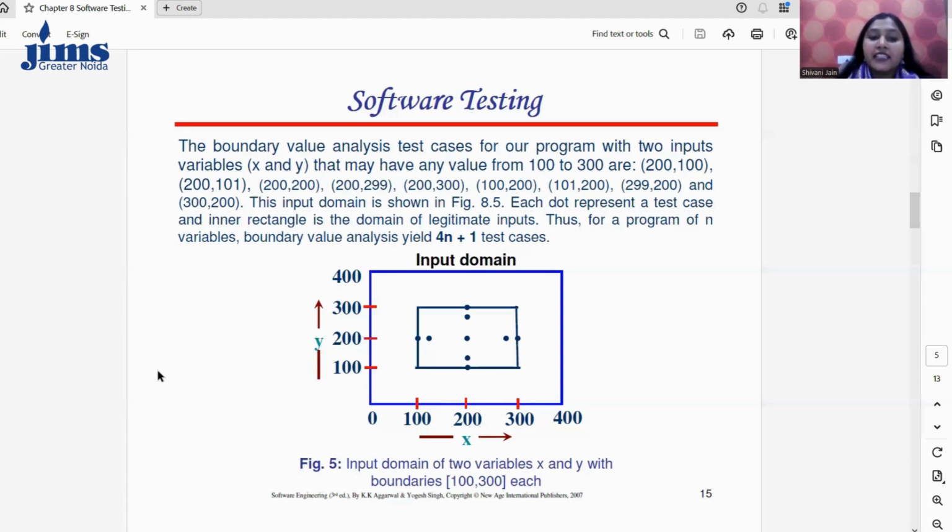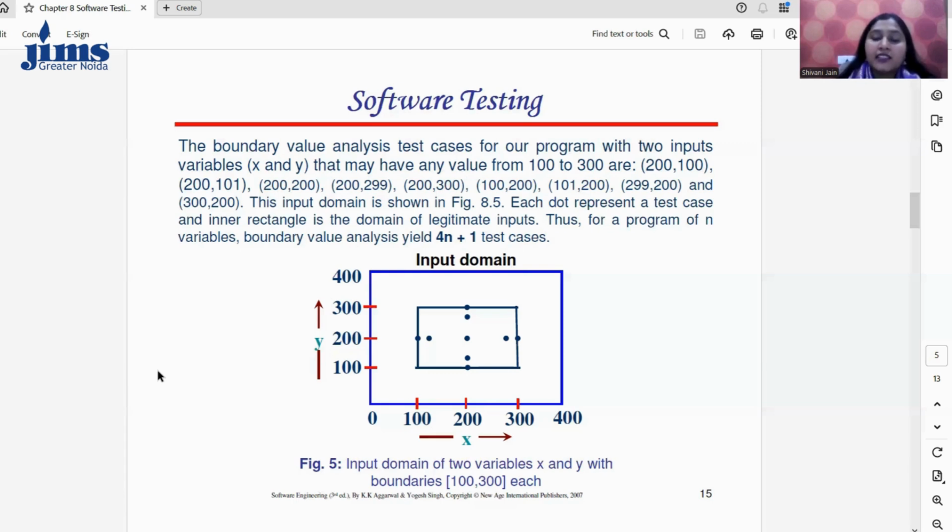And when we test boundary values of y, we take the nominal value of x. So what are the boundary values of x? Basically 100, 101, 299 and 300. And likewise, because y has the same range, it has boundary values of 100, 101, 299 and 300.